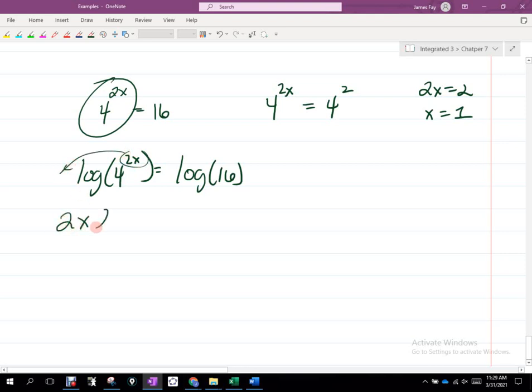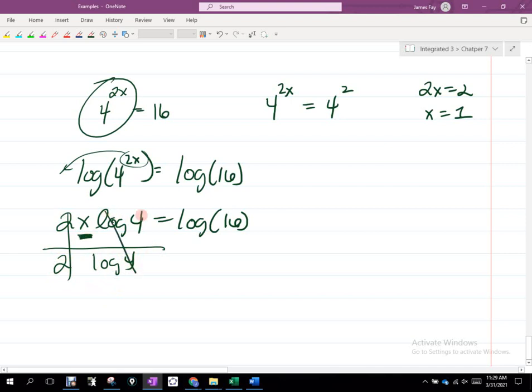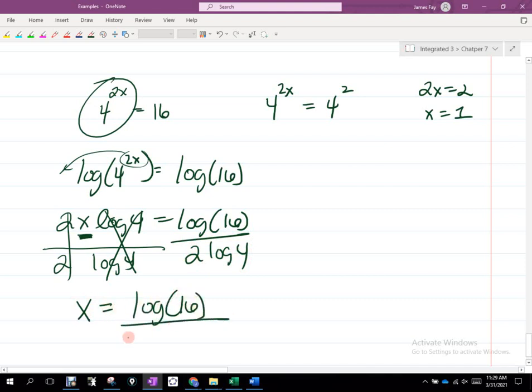So I get 2x log of 4 equals log of 16, right? I'm going to get that x by itself. Divide by 2 log 4. The 2 is going to cancel, log 4 is going to cancel. So your x equals log of 16 divided by 2 log 4.